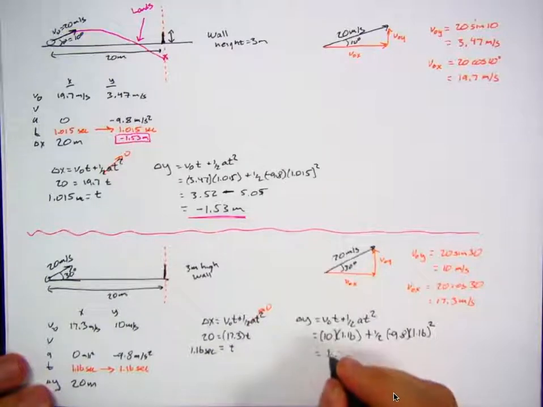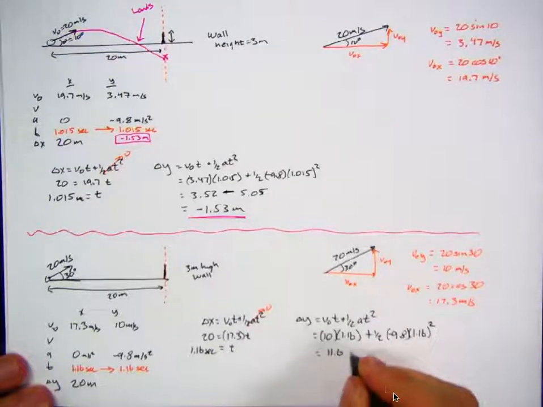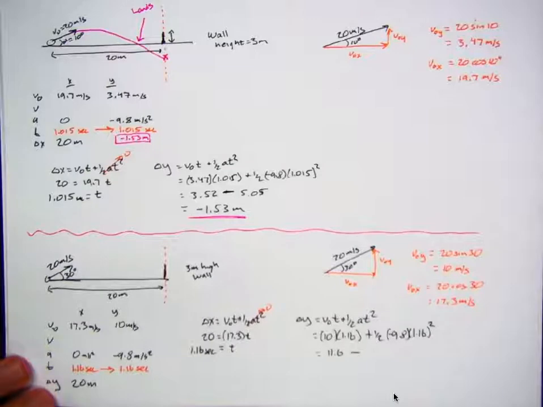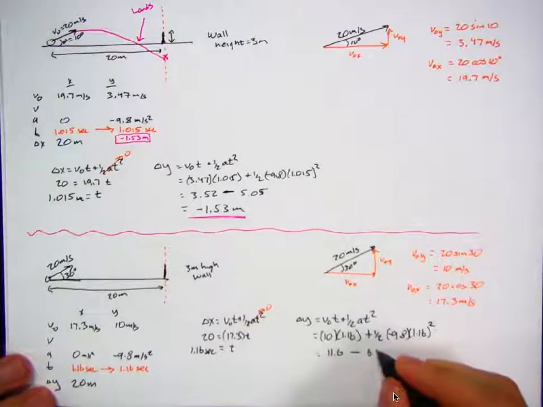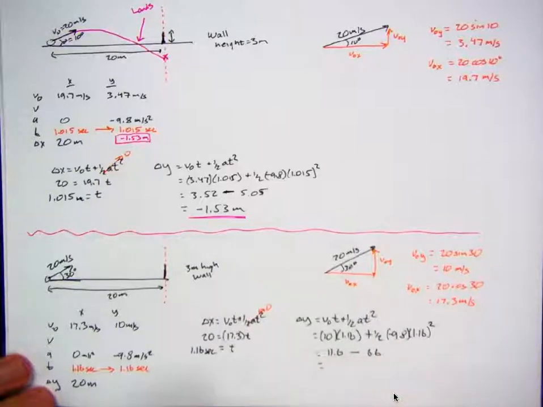So we get 11.6 minus 4.9 times 1.16 squared, minus 6.6. So we get 5 meters, right? 5.0 meters.